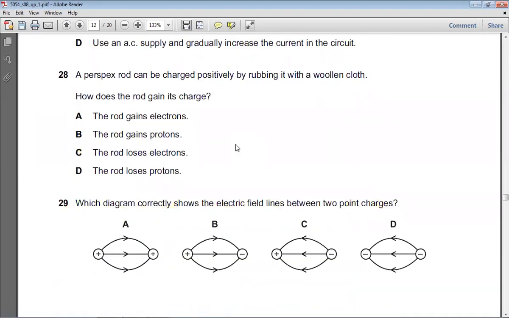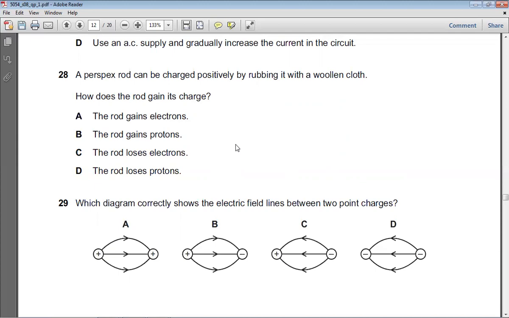A perspex rod can be charged positively by rubbing it with a woolen cloth. How does the rod gain its charge? The rod is rubbed with the woolen cloth, and the perspex rod has become positive.